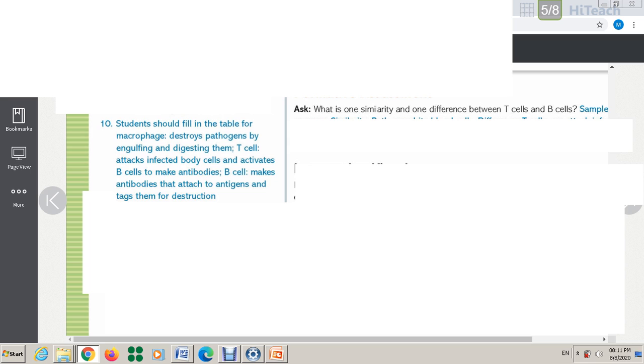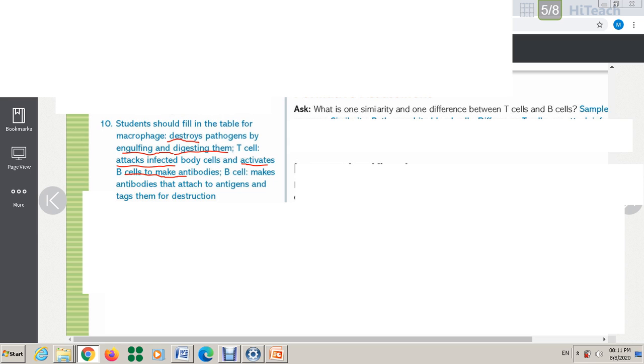For macrophage, they destroy pathogens by engulfing and digesting them. We have mentioned that. For the T cells, they attack infected body cells. These are the killer T cells. The helper T cells activate B cells to make antibodies.